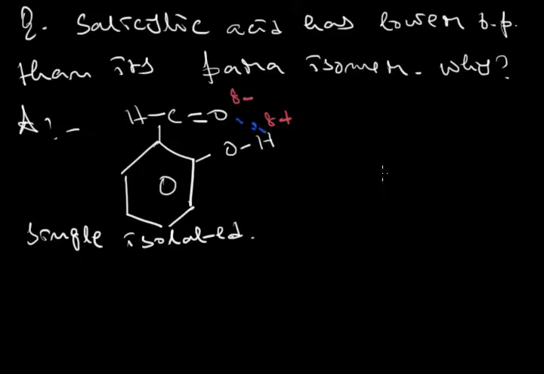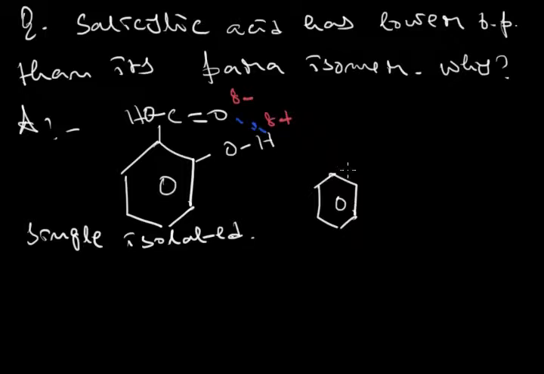But in case of para isomer, means 4-hydroxy benzoic acid, there is OH here.